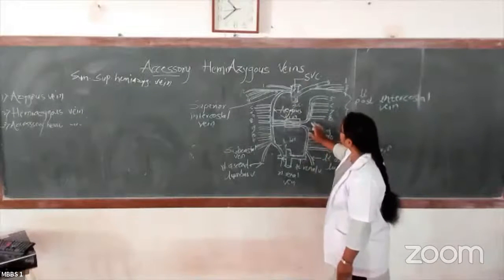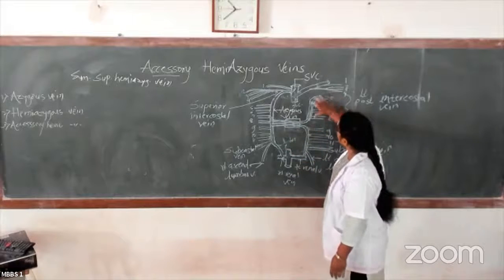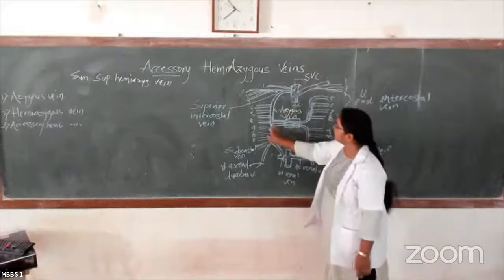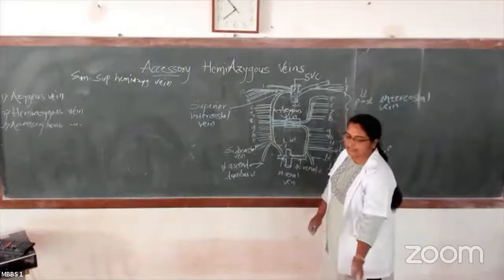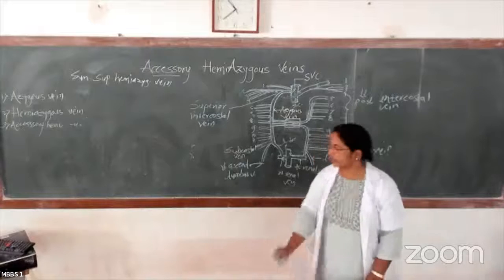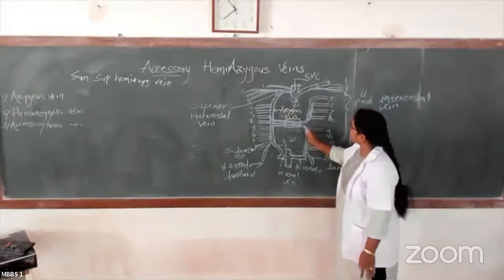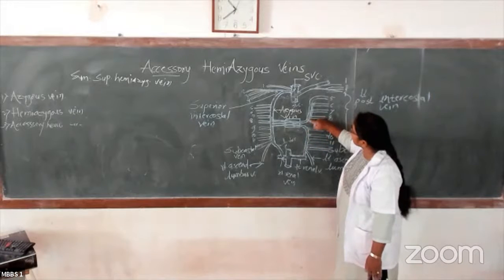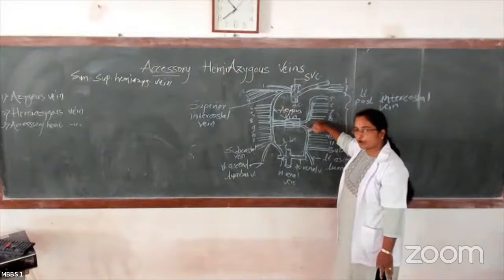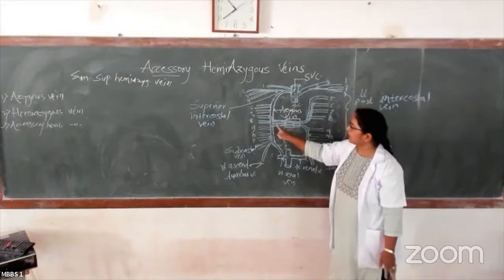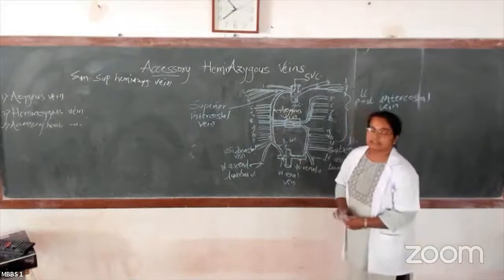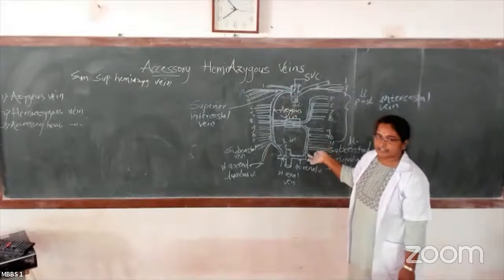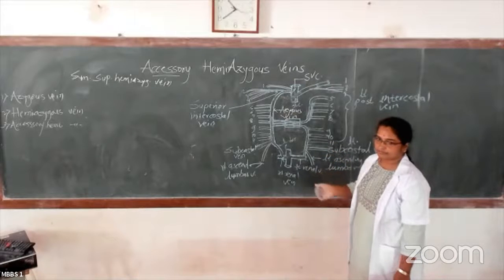Now here, as you have seen, the termination of this accessory hemiazygous and this hemiazygous veins is in the azygous vein. What happens sometimes, there is one variation. The terminal parts of this hemiazygous and accessory hemiazygous unite to form one common trunk, and then it passes to right side to open in the azygous vein. So this is one of the variations of termination.